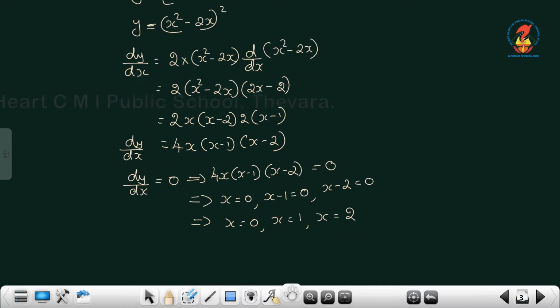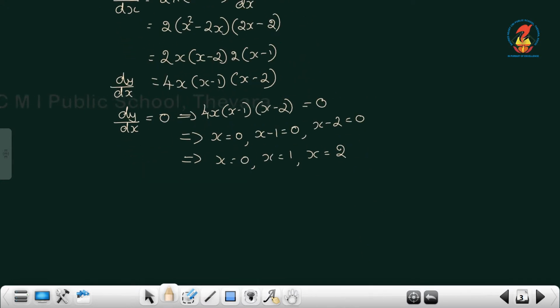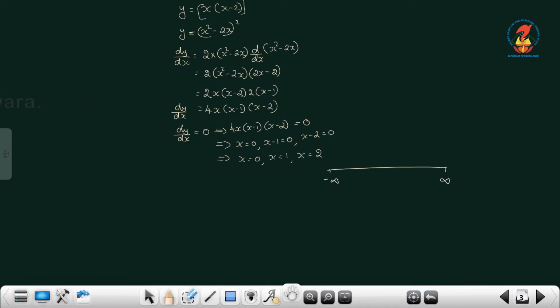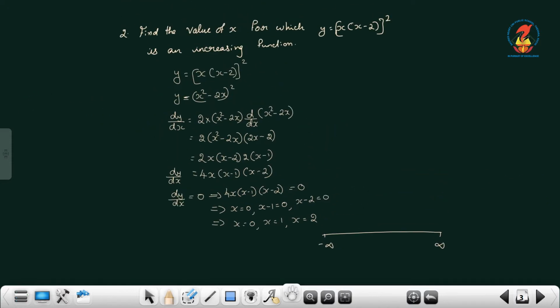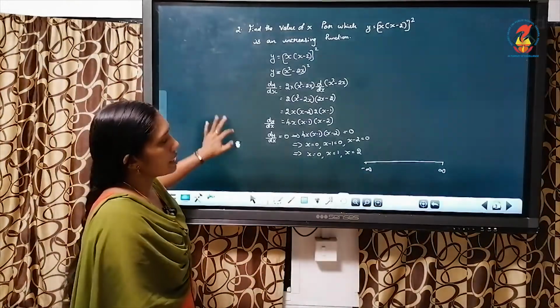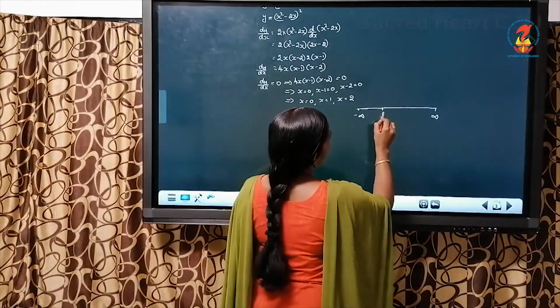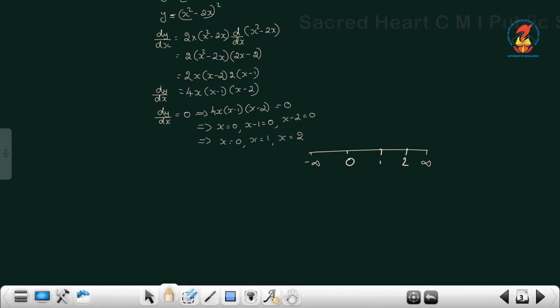Now, find the intervals. Look at the function, every real number we can substitute for x. So, the domain is the set of real numbers, minus infinity to infinity. Draw the number line, mark all these points 0, 1 and 2.